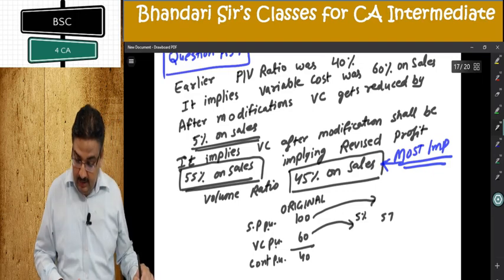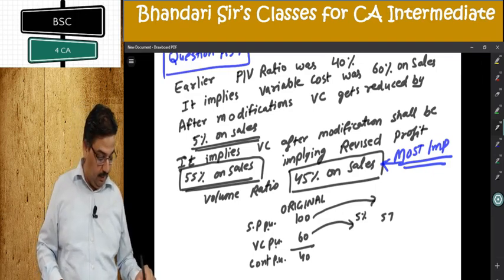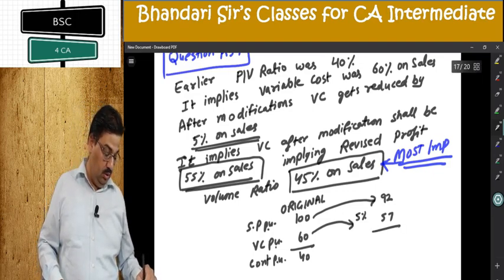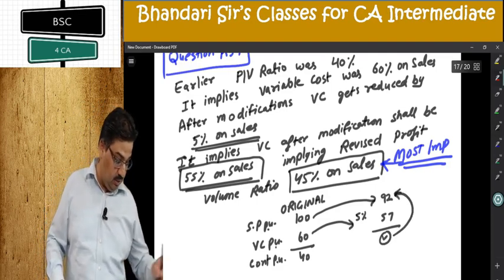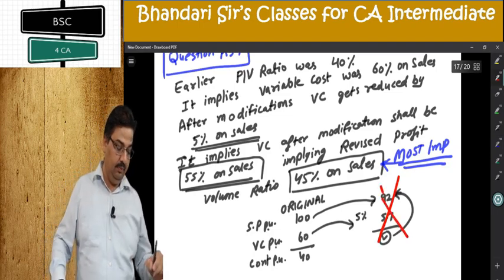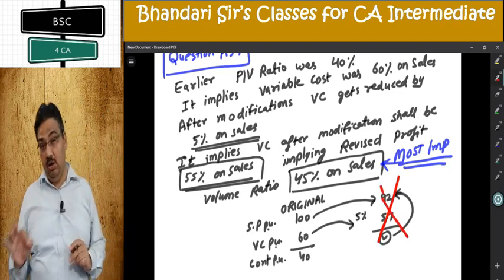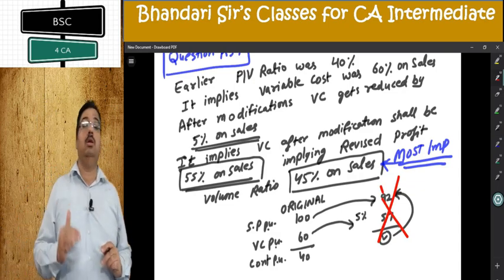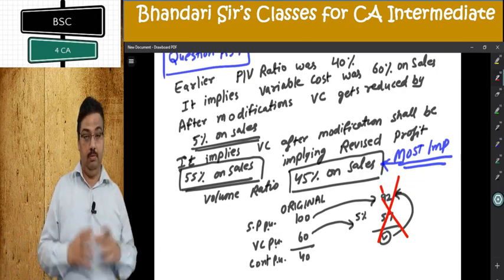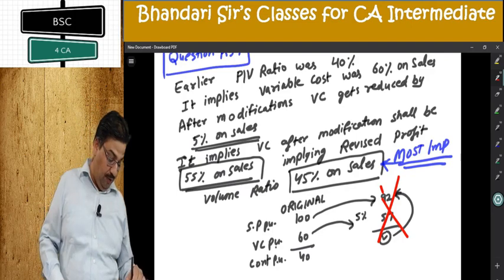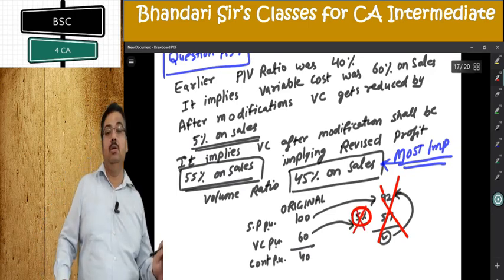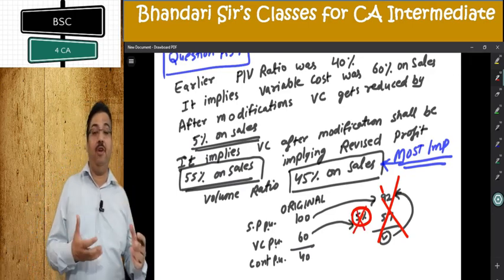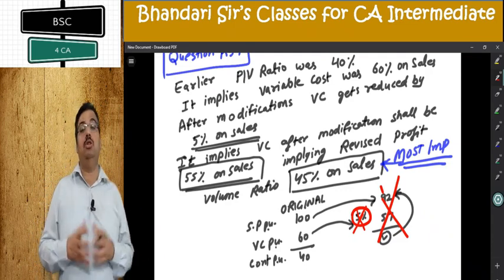The selling price is also reducing by 8%, so this becomes 92. Then whatever you get here, from there you get a PV ratio. But in this question, it is not correct. Why? Because the wording is variable cost reduces by 5% on sale. It is not reducing 5% directly. Variable cost is not declining 5%. This is a wrong implication. So try to understand the difference in answers if the language changes.